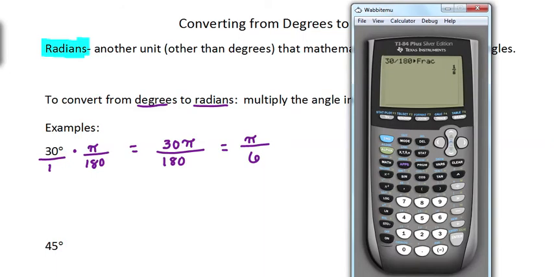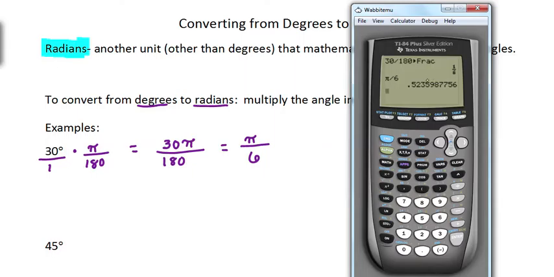But I could also say, well, what is pi divided by 6? There's a pi key on the calculator. So if I take pi divided by 6, notice it's a decimal and it's going to keep repeating. I have 0.5235. So let's go 4 decimal places.